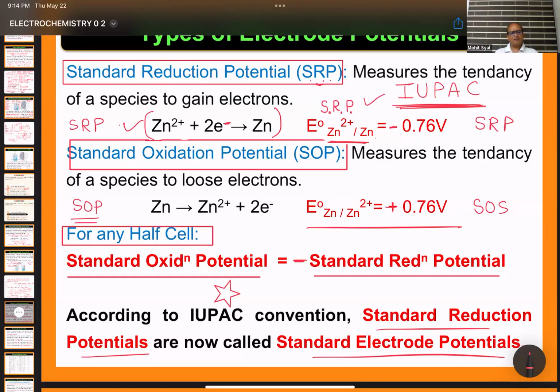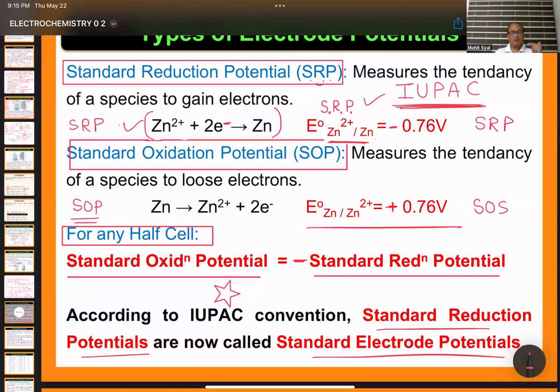Why will the metals have negative standard reduction potential values? What could be the reason? Because most of them already have excess electrons. Yes, they are electropositive. So it will be harder, it will be easier for them to lose electrons.